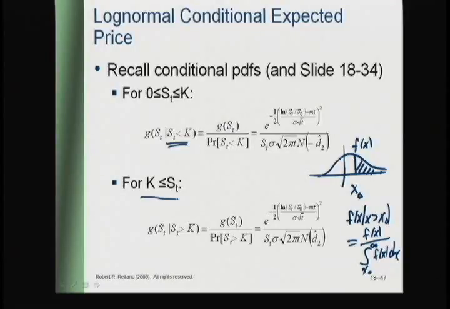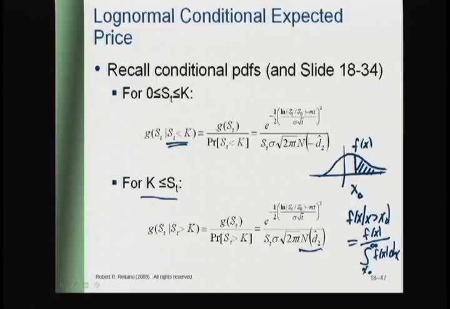And we see again, we have exactly the same G of S formula, but now we're dividing by the probability that S is bigger than K using the N of D2 value that we calculate. So we now have conditional probability functions, conditional on them being bigger than K or smaller than K, in the real world, because we're using alpha.